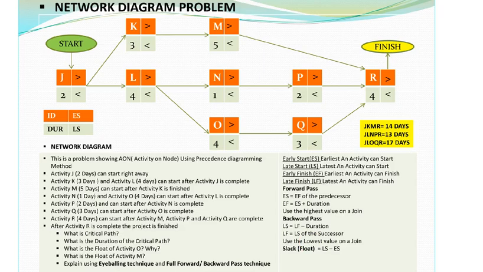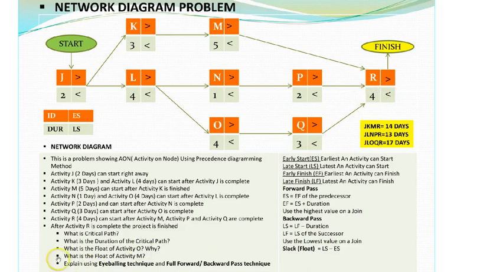Correct? So you have to remember that the float on the critical path, even L, should be 0, Q should be 0, J should be 0, as well as R. Everything on the critical path is going to have 0 float, because even if there's a 1, then an extra day is added to your project.